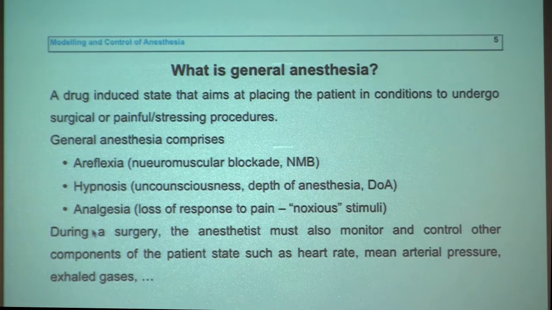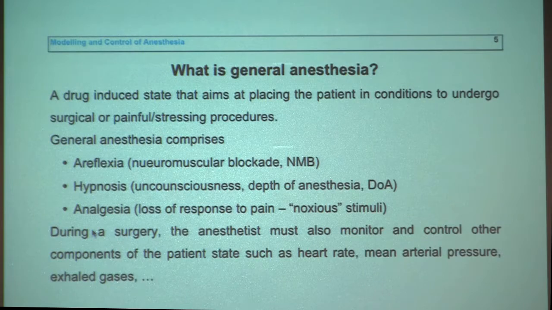The other component is, as I mentioned before, hypnosis: placing the individual in a state of unconsciousness, which I call depth of anesthesia. When I say DOA, it's depth of anesthesia. When I say NMB, this is areflexia.